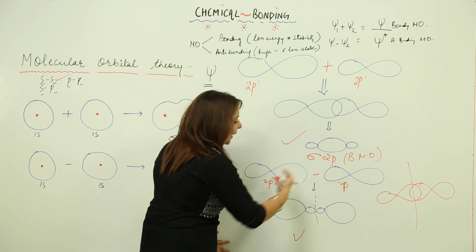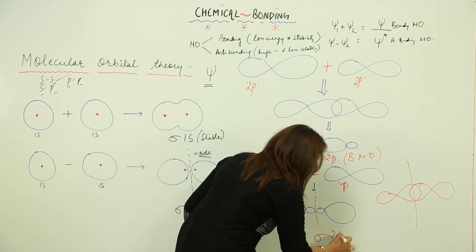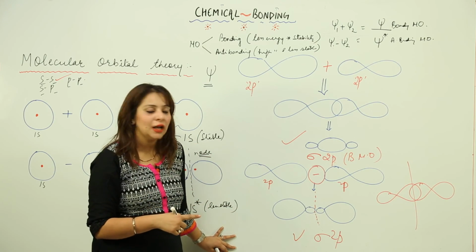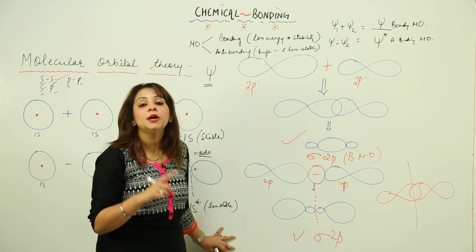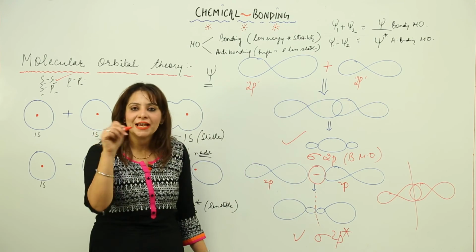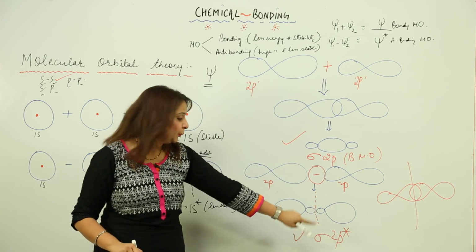As it is formed by end to end overlap, again it is a sigma bond, 2p is my orbital. But it is formed by subtracting the electron clouds, so it is not a bonding one, it is an anti-bonding one. And how do we denote the anti-bonding? With an asterisk sign, right. So this is my sigma 2p and sigma 2p star.